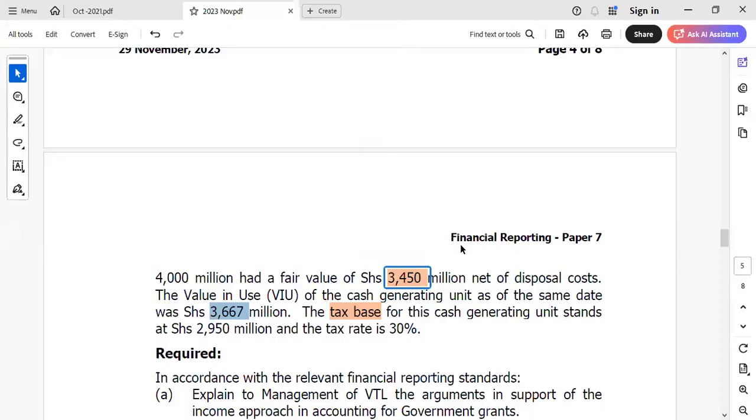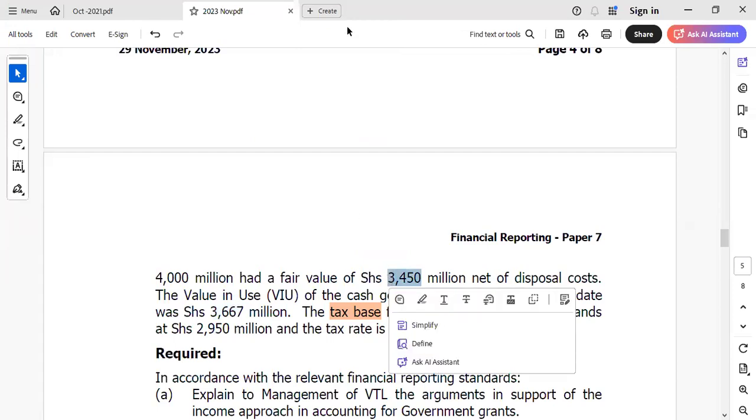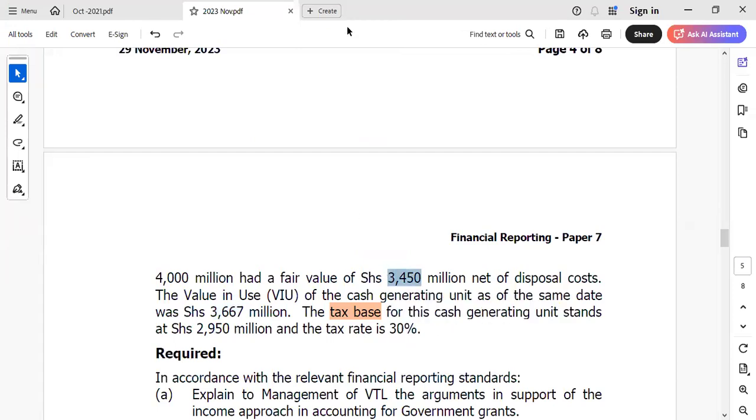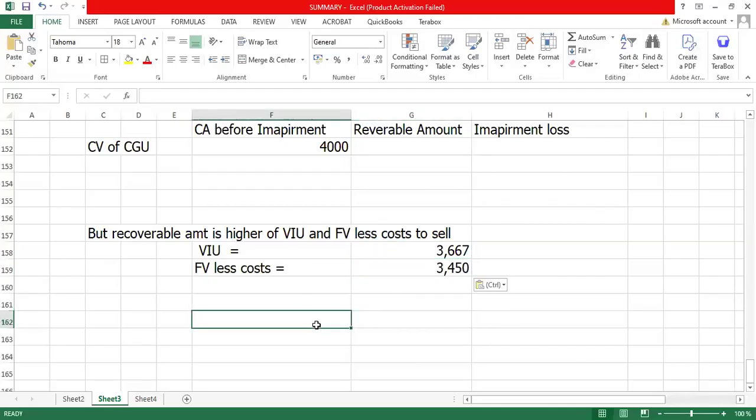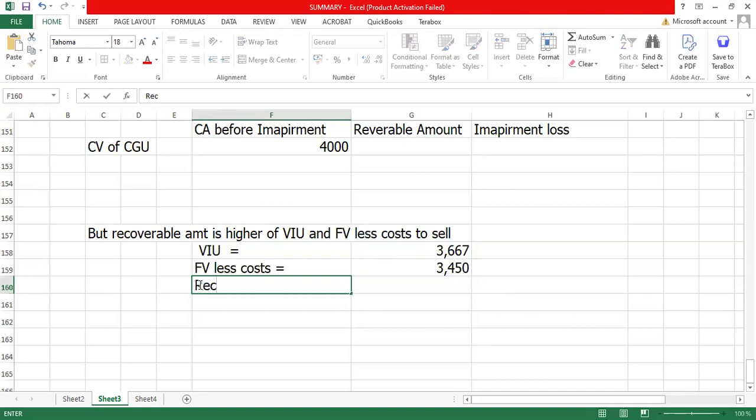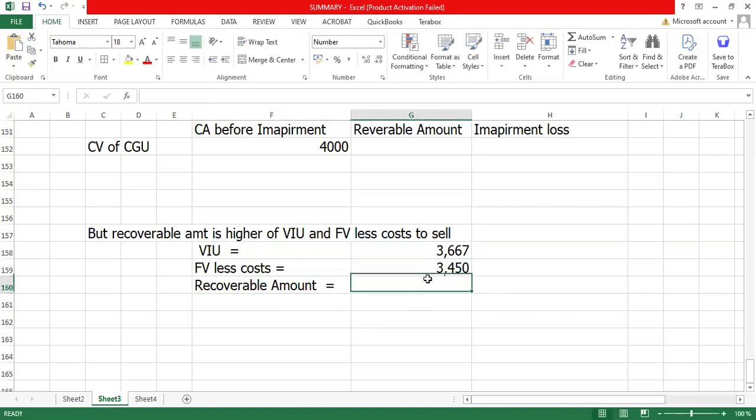If you are not given cost to sell, it means that it is zero. So fair value is this. From these two, what will be your recoverable amount? The higher. The recoverable amount is this.